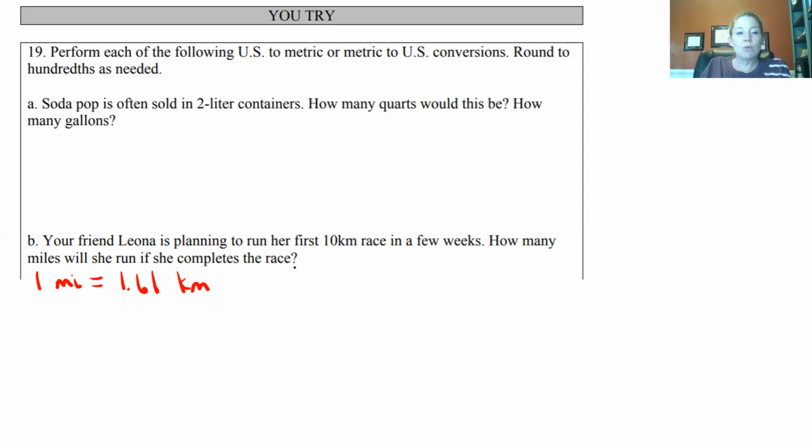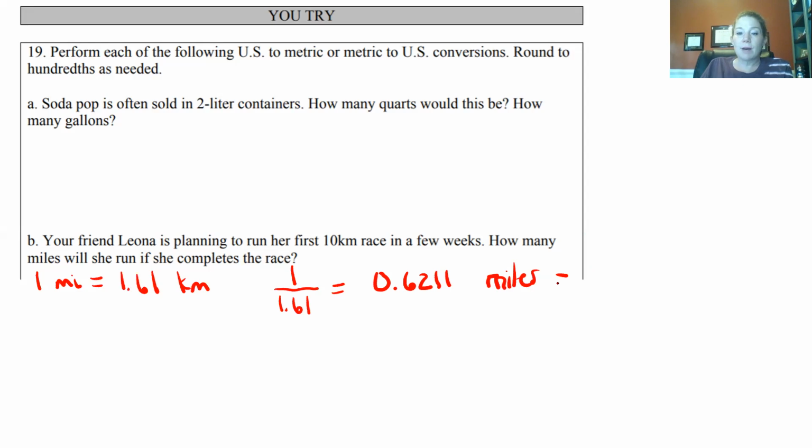So we would take our 1 mile and we would divide it by 1.61 to find out how much exactly is 1 kilometer. So 1 divided by 1.61 is 0.6211 miles.